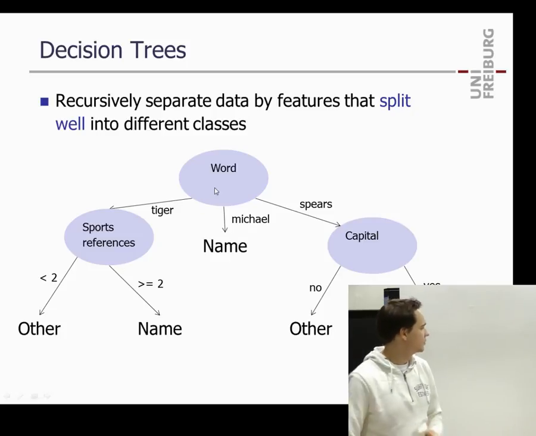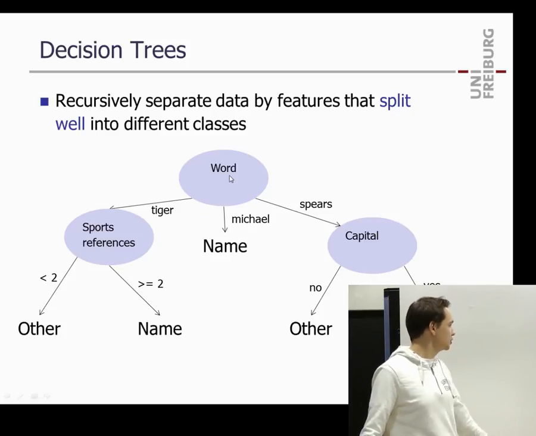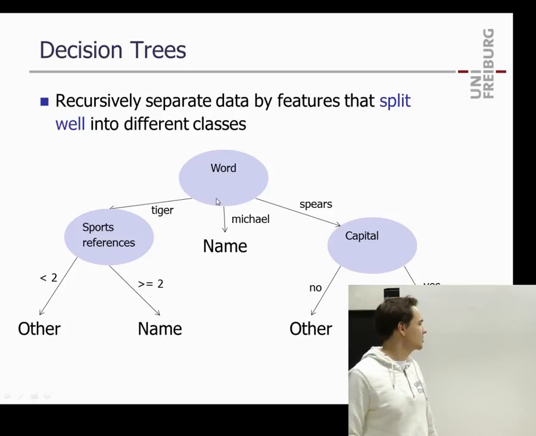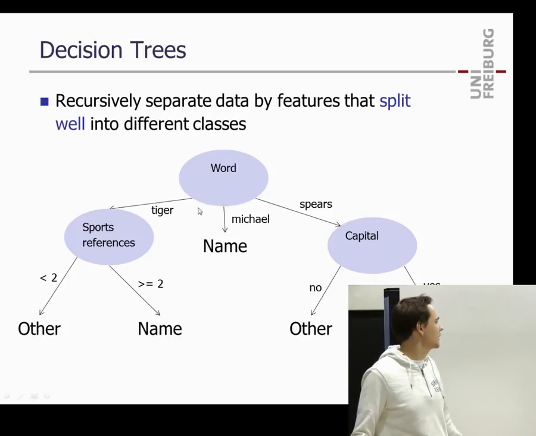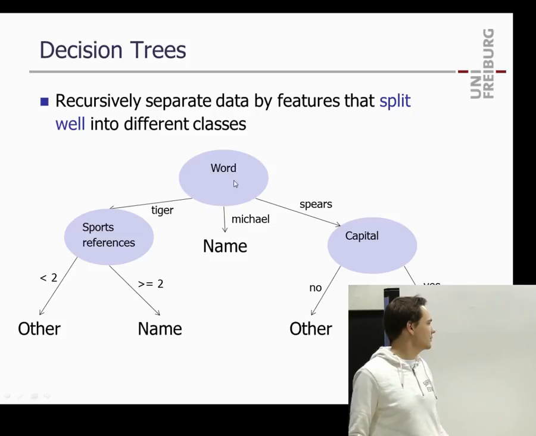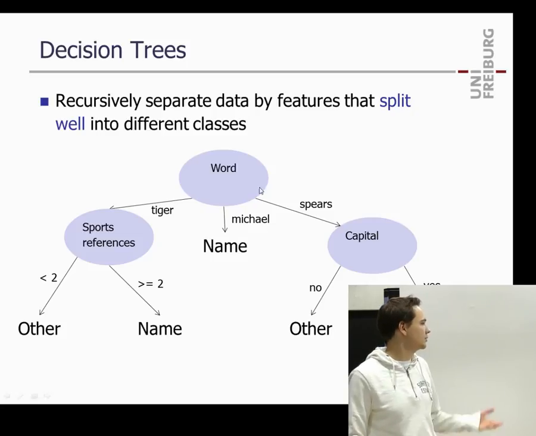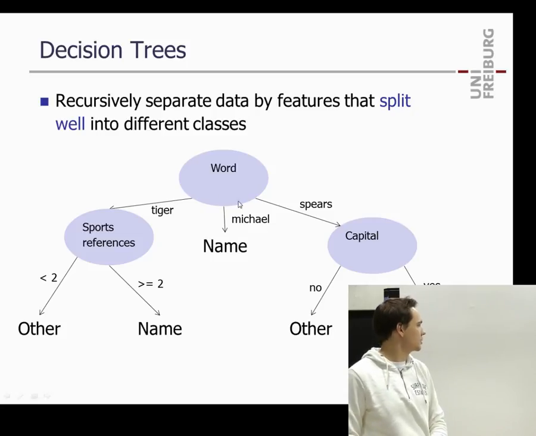Because for example, what would not be good would be taking some random feature, like the number of a certain character, let's say the number of ends. Then when you split into the subtrees, you will get a very similar distribution of names and not names as in the root node, and you will not get very close to classification.